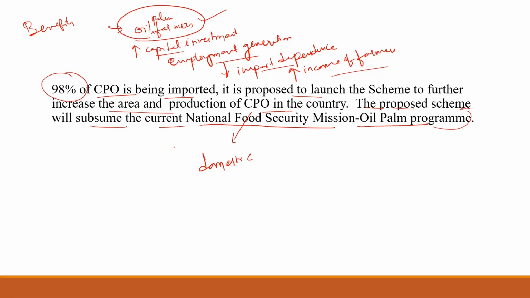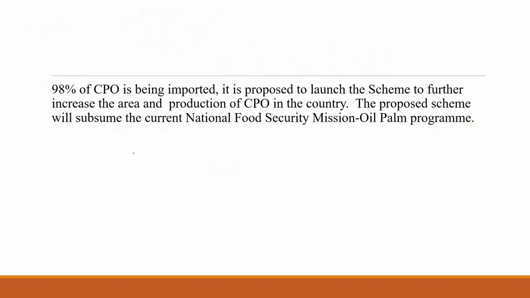So what are the major areas of focus? There are two major focus areas. The first, as we have discussed: we are importing 98%, which means local or domestic production is very less. So we depend mostly on prices decided outside our country.